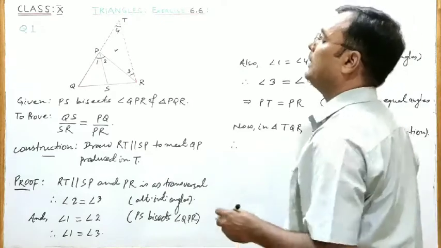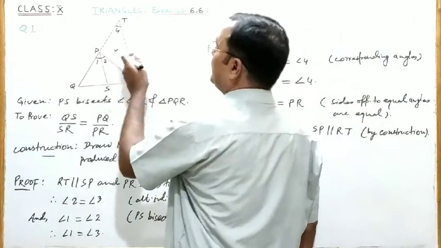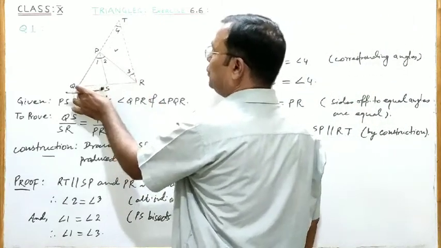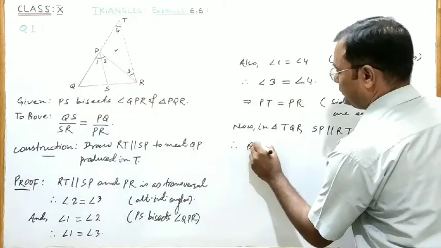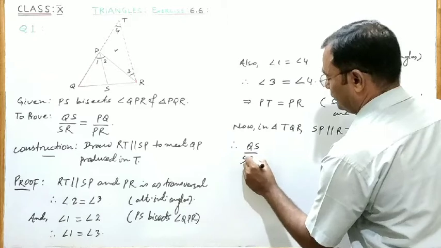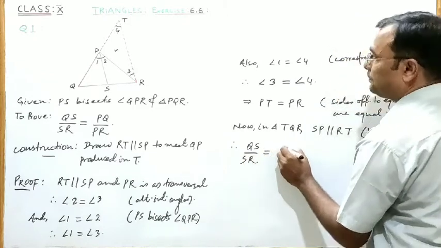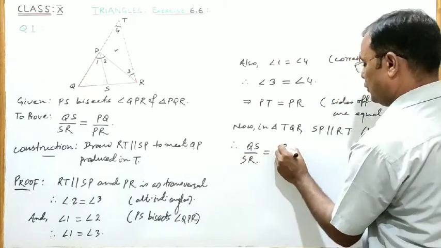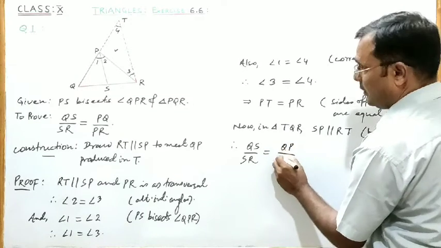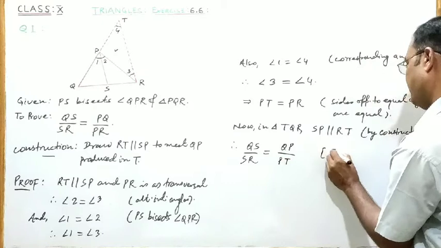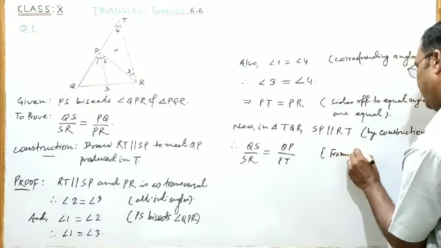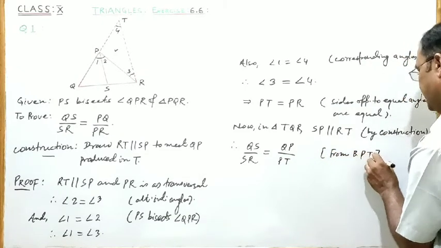Therefore, by applying the basic proportionality theorem, we can write QS by SR is equal to QP by PT. This is from the basic proportionality theorem.